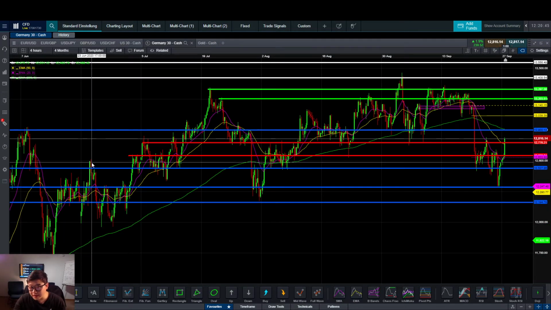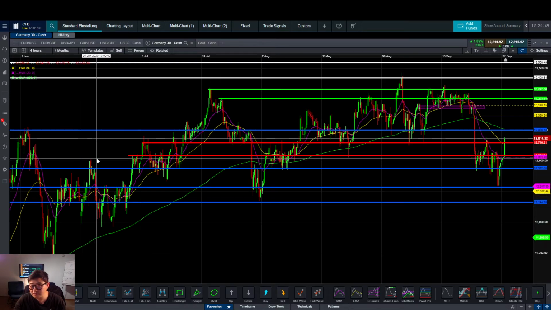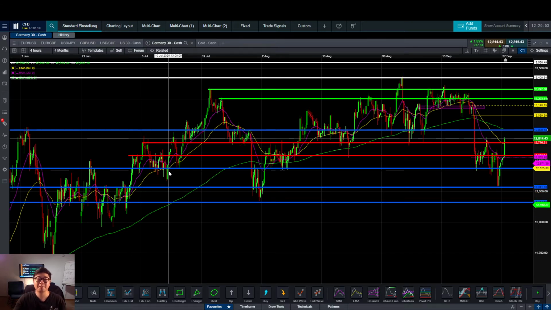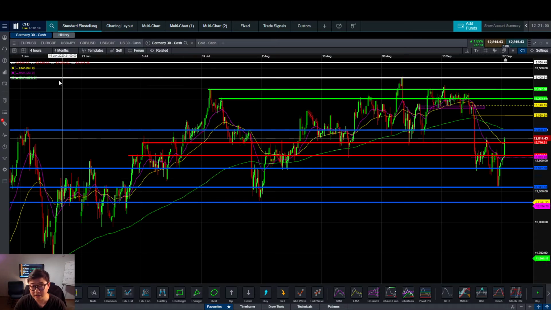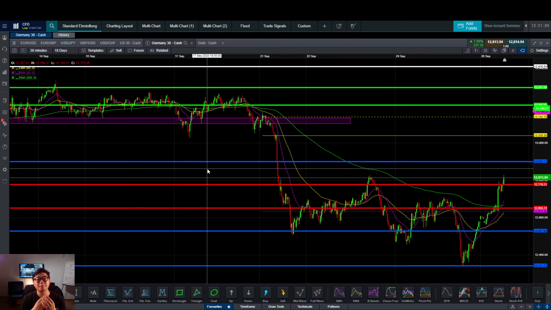I mean, we could draw these areas, but they're so close by that we don't need to. Otherwise your chart will be packed with hundreds of lines. We don't want that. We want simplicity of trading, because the simpler it is, the easier it will be for you. Trust me on that.